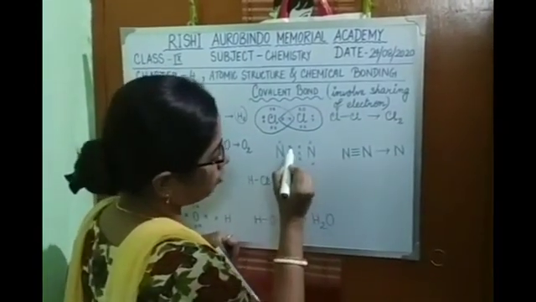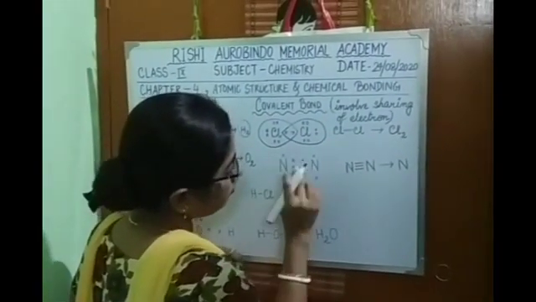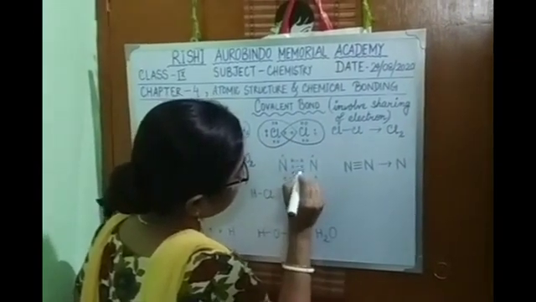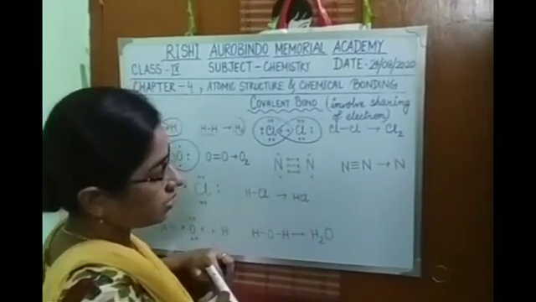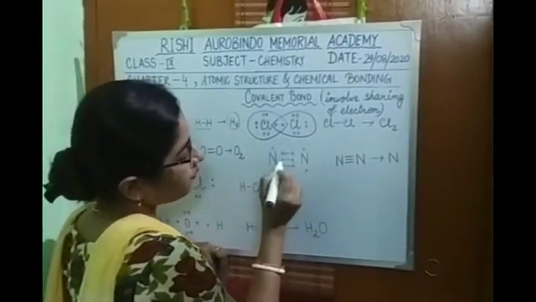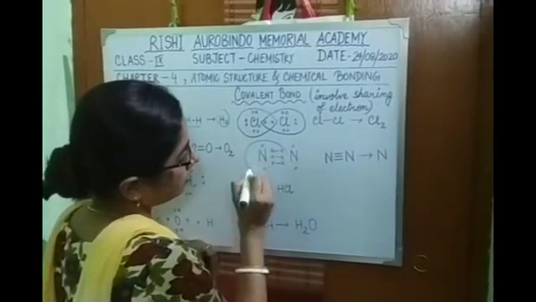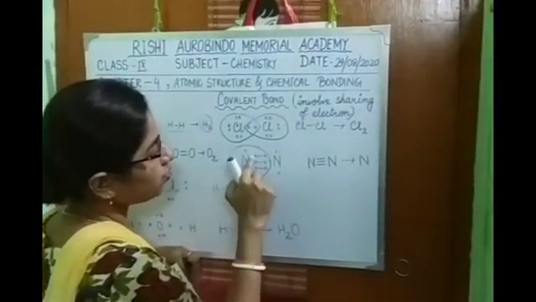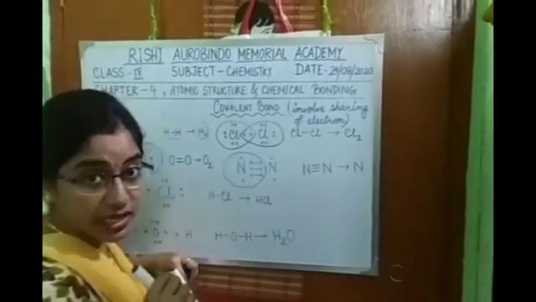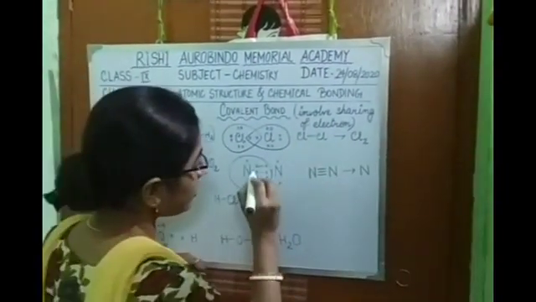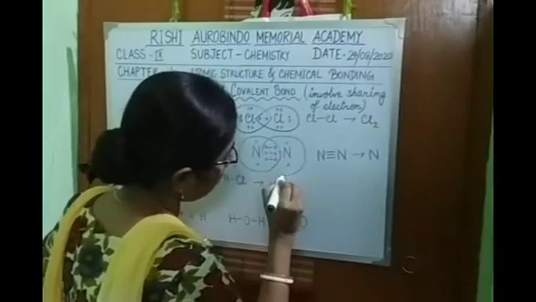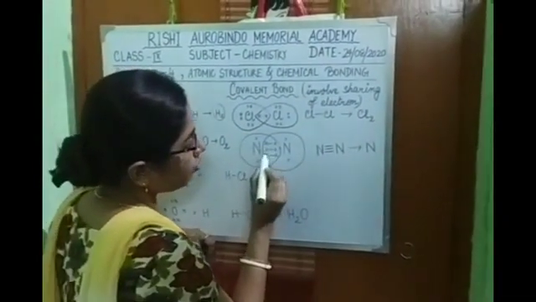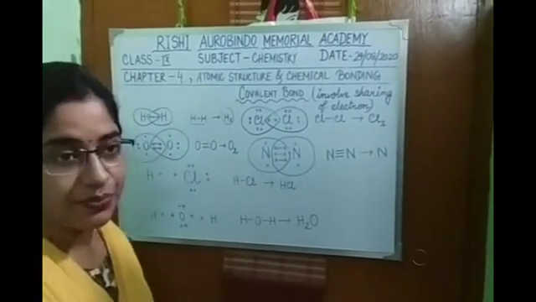So what will they do? They will have a bond between these 3 electrons. So now this nitrogen has 1, 2, 3, 4, 5, 6, 7, 8, 8 electrons, and in a similar way the other nitrogen will also have 1, 2, 3, 4, 5, 6, 7, 8, 8 electrons.